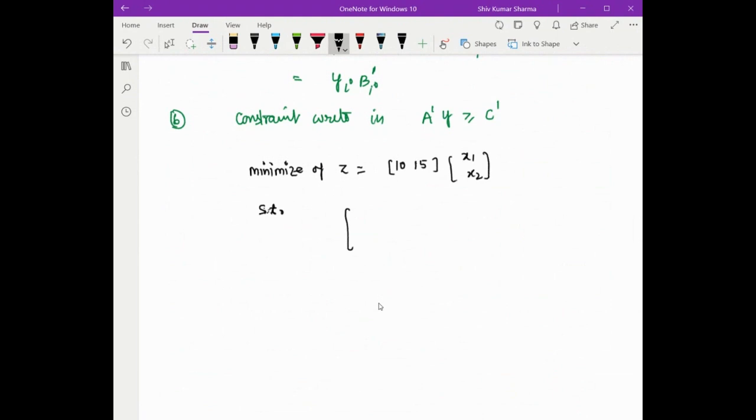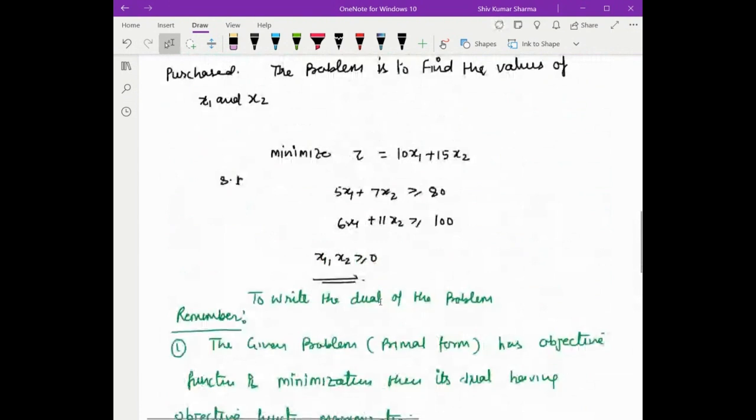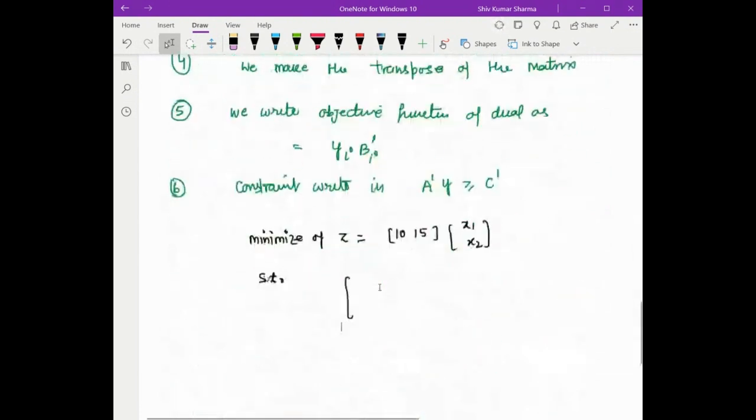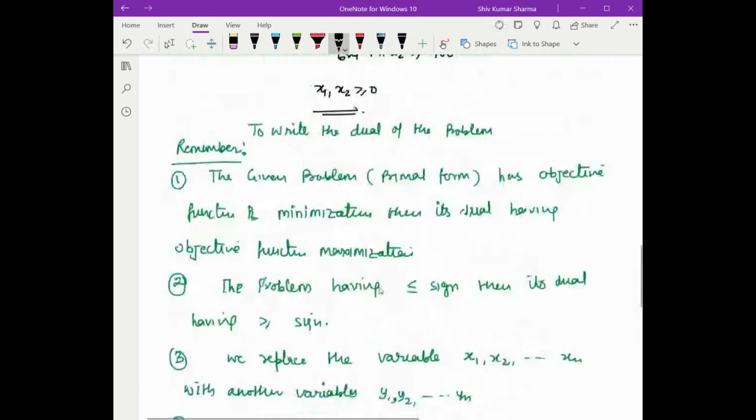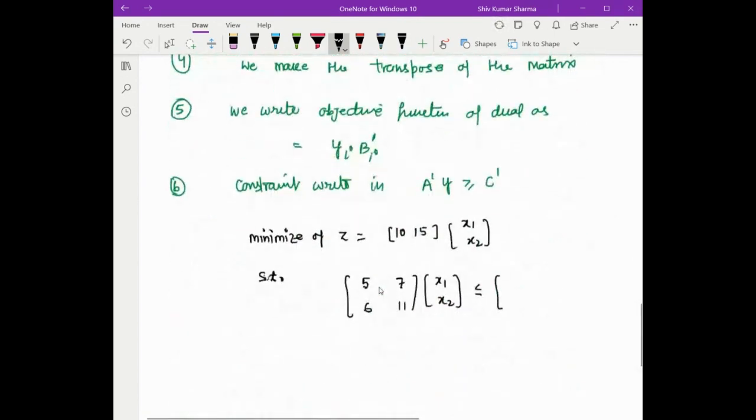For writing subject to constraints, we also write in matrix form, that means 5, 7, 6, 11, times x1 and x2, less than equal to b. B means 80 and 100.